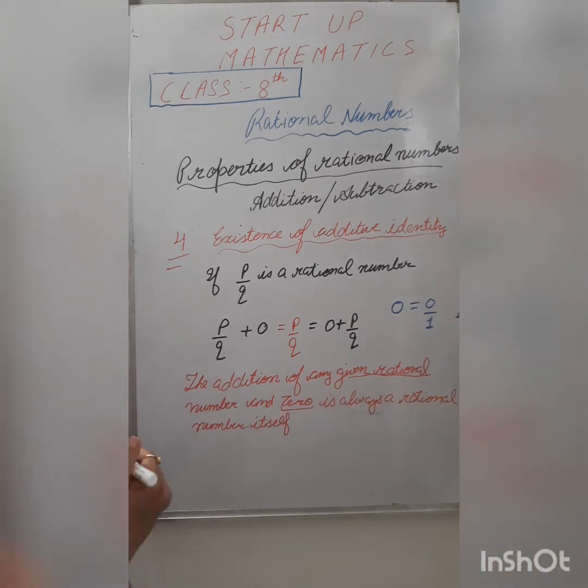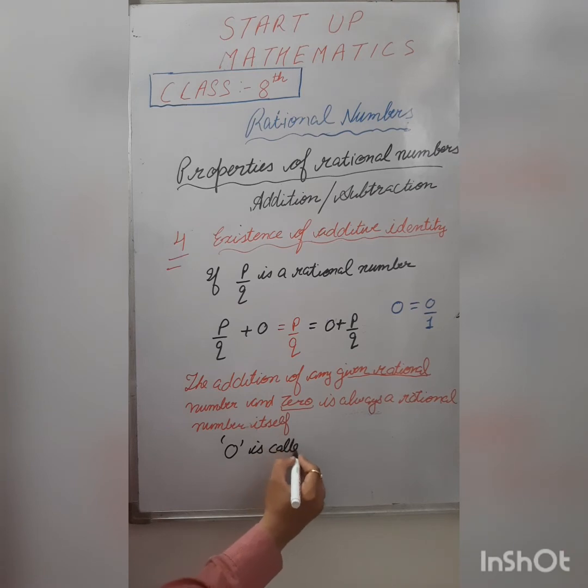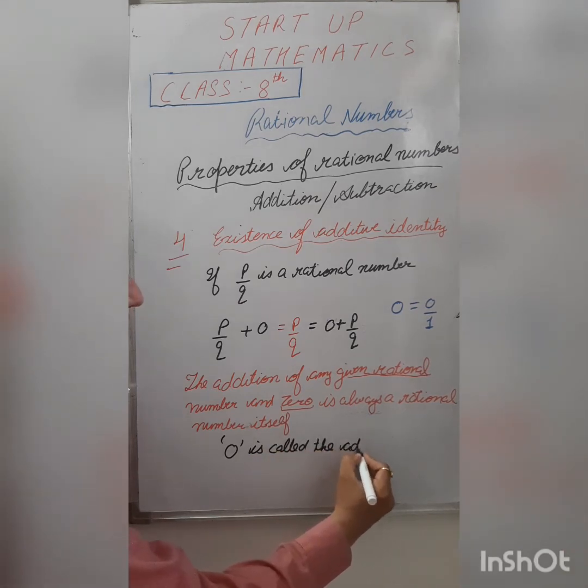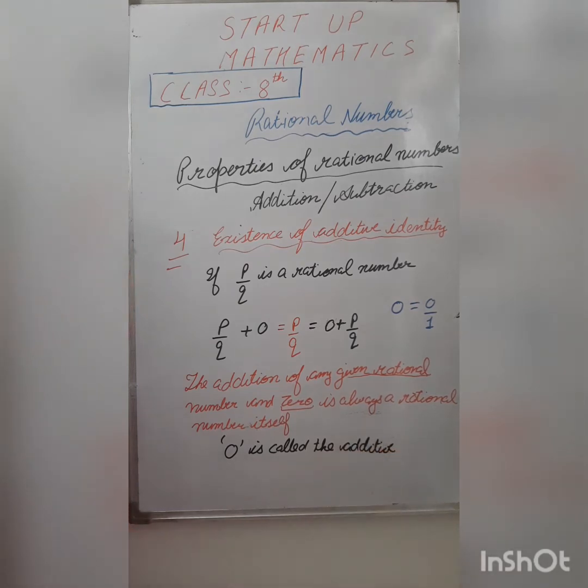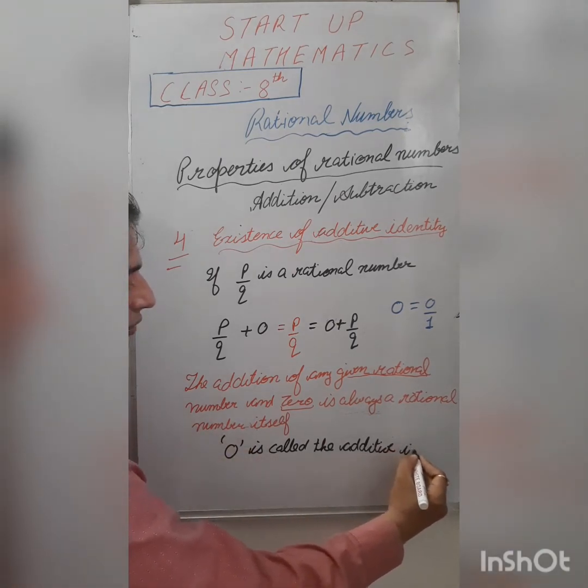And what do we call 0? 0 is called the additive identity. This is our identity because of which the given rational number remains the same.